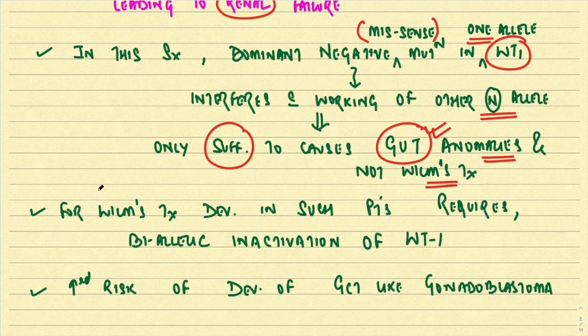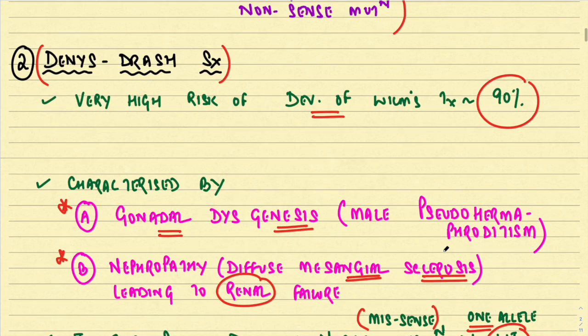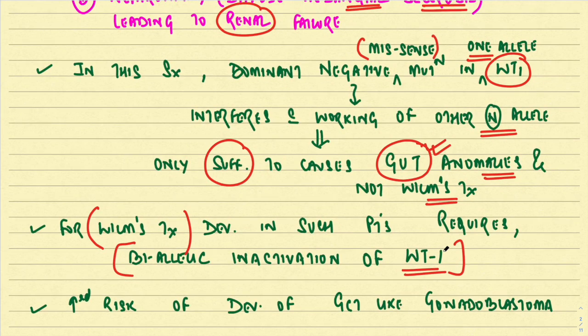For the development of Wilms tumor in Denys-Drash patients, it requires biallelic inactivation of WT1. So let me explain once again. Normally patients of Denys-Drash syndrome have a dominant negative missense mutation involving one allele of WT1.